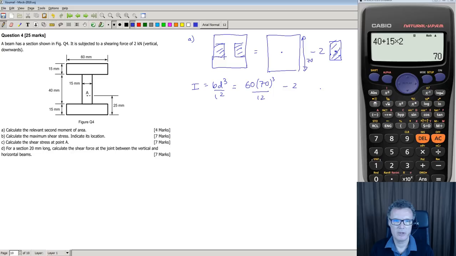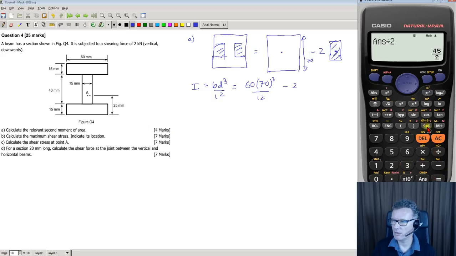So their width is what? It's not saying, but I'm assuming that, oh yeah, there you go, 15. So we've got 60, take away 15, divided by 2.